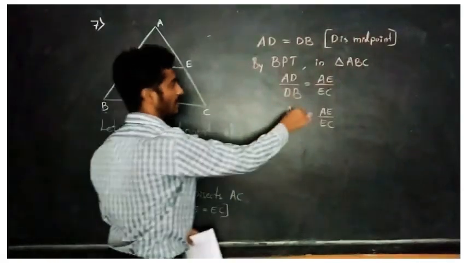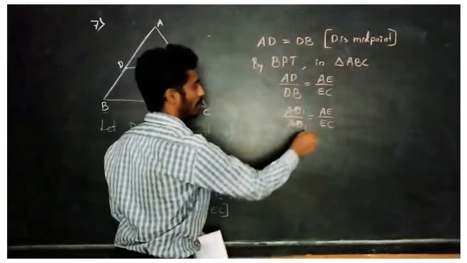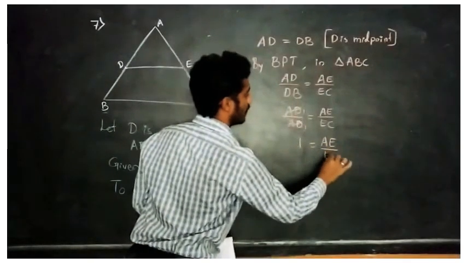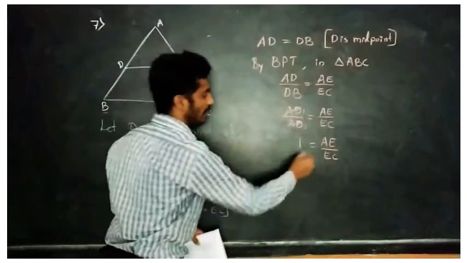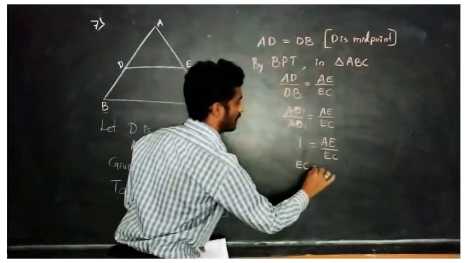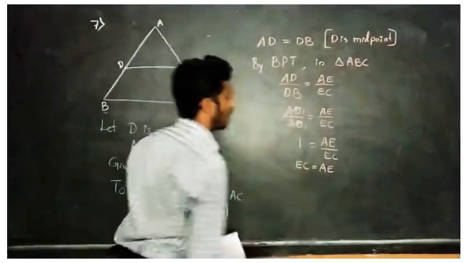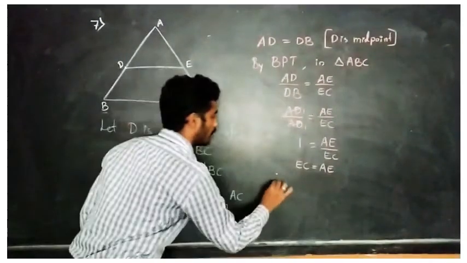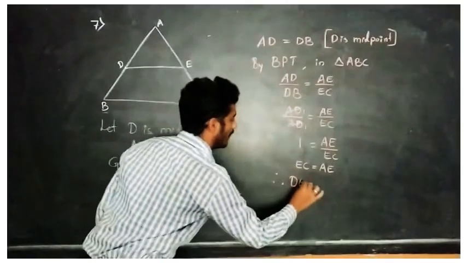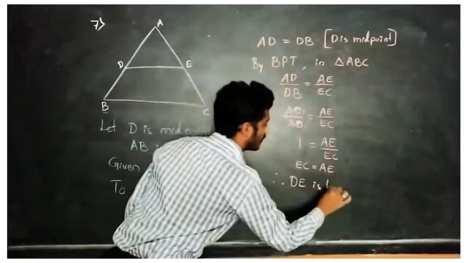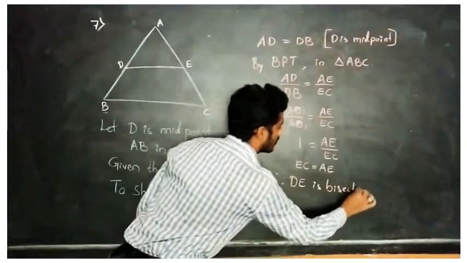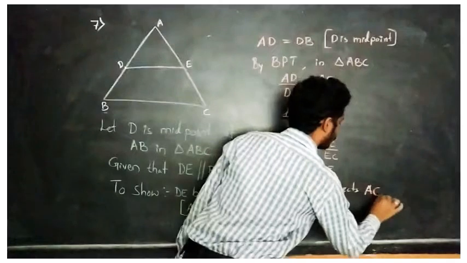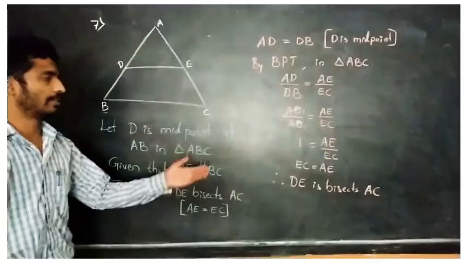Just cancel AD by AD, here we get 1. So 1 equal to AE by EC. If you make the cross multiplication, you will get EC equal to AE. Therefore DE bisects AC. Okay, this is our answer.